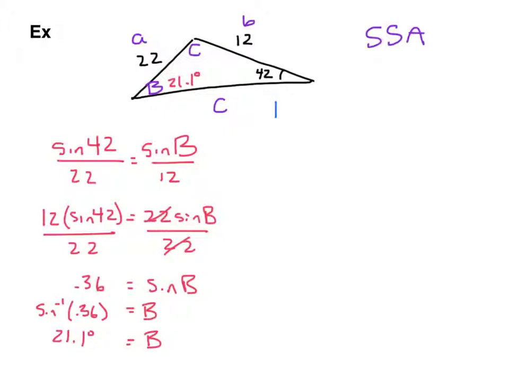We just take them away from 180. So just like last time, 180 minus 21.1 minus 42. My last angle is going to be 116.9 degrees. And this should make sense because your largest side should always have the largest angle.